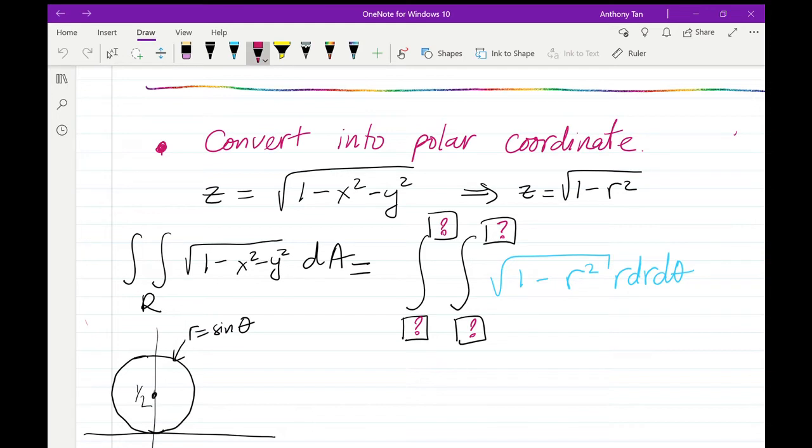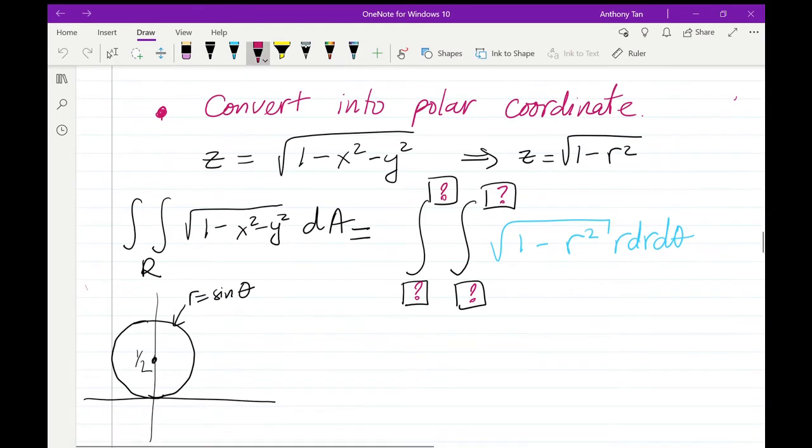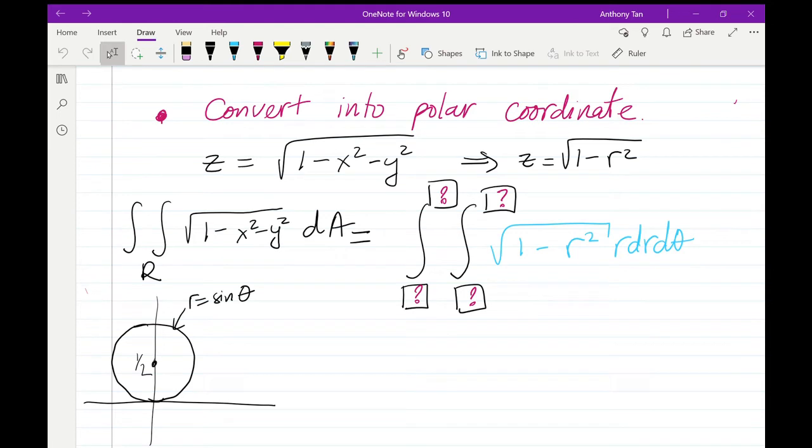The only thing that we have to worry about now is how we can describe the bounds in radius and in angle theta for our new polar coordinates double integral. As we did in the last step, the radius is described by the polar curve r equals sine theta.